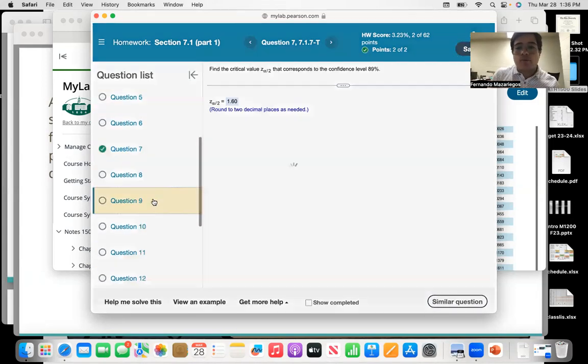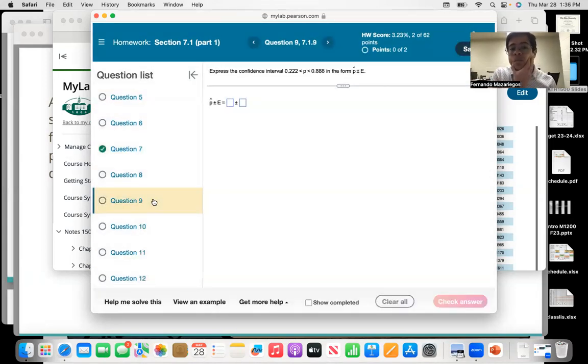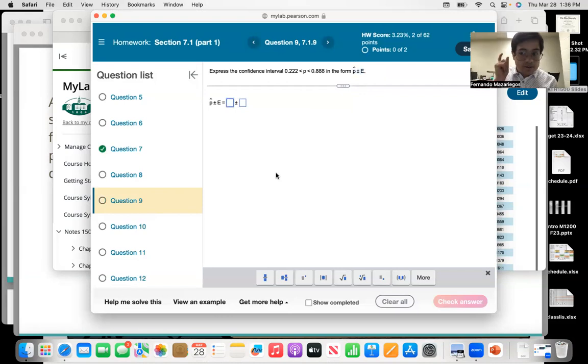Okay, let's try question 9. So here we have this confidence interval. It's an interval that starts at 0.222 and ends at 0.888. And we know that each one of these 2 values is of this form, p hat minus e and p hat plus e. So remember, p hat, that is the point estimate, that is the center of the interval.